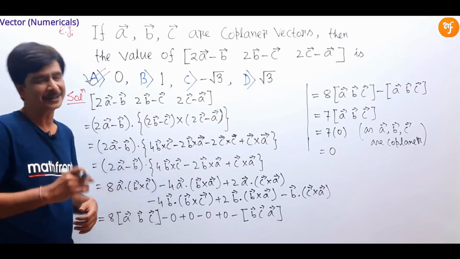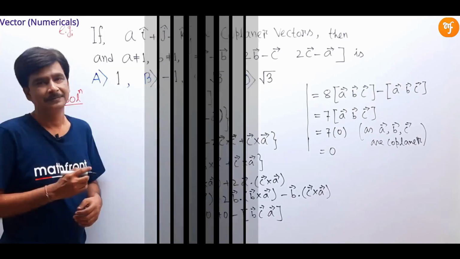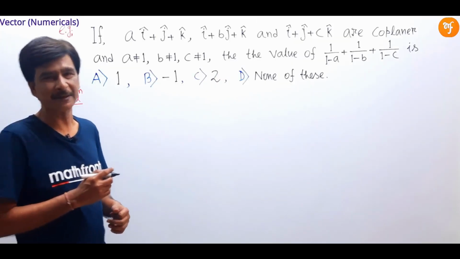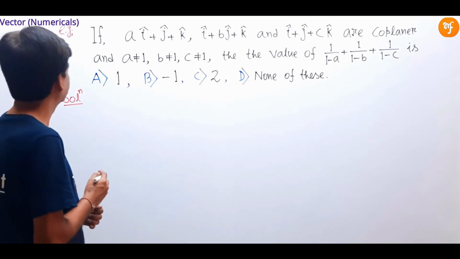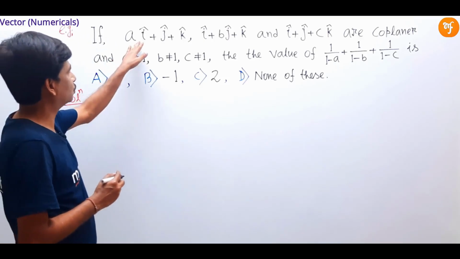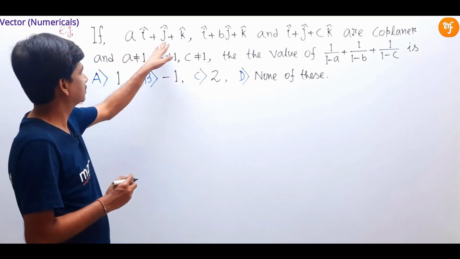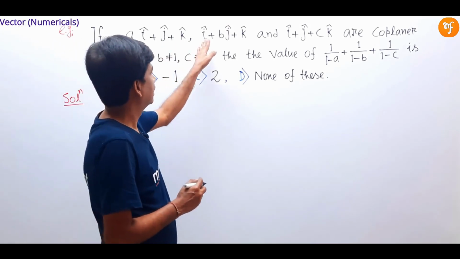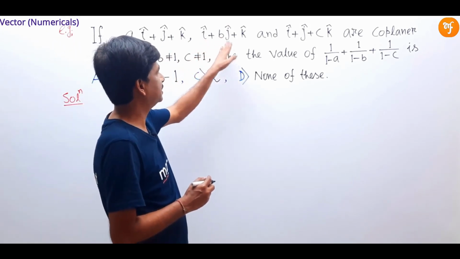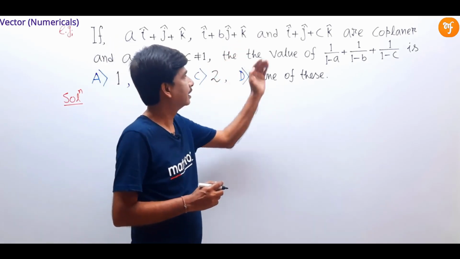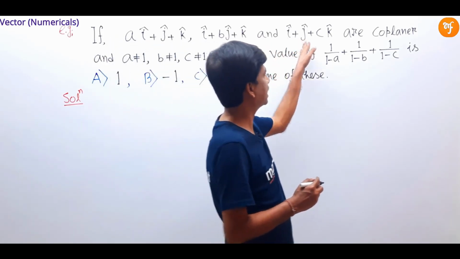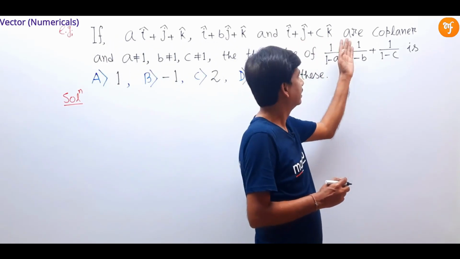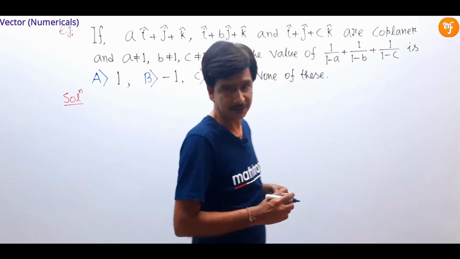Okay. Now come to the next question. So friends, let's have a look at another question. If a i cap plus j cap plus k cap, i cap plus b j cap plus k cap and i cap plus j cap plus c k cap are coplanar vectors.